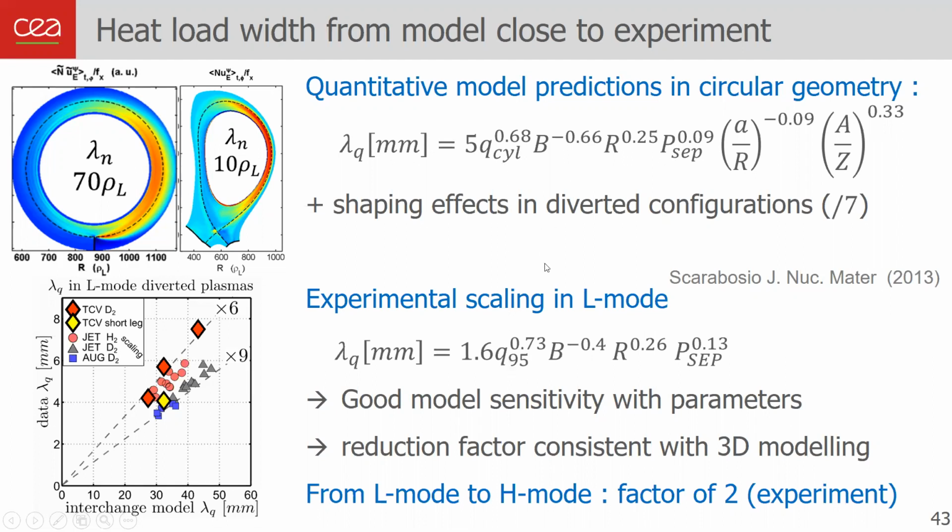You see on the safety factor, magnetic field, major radius, power crossing the separatrix, we are quite good here. And let's be bold and assume that in experiment, when you move from L mode to H mode, you get a factor of 2 decrease of lambda Q. So you can take again this experiment-based model scaling and apply these heuristic reductions, still assuming this is interchange.